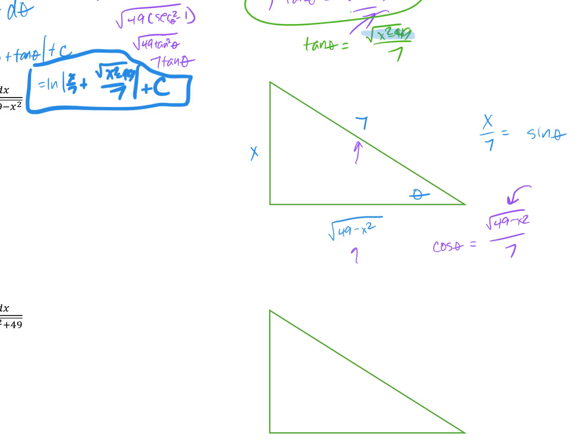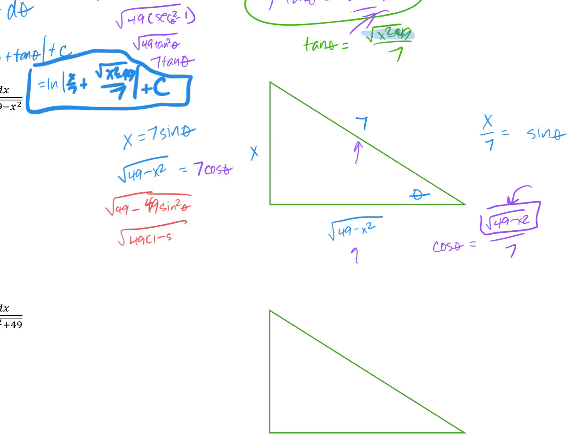If I wanted to get just the square root of 49 minus x squared by itself, I'd multiply by 7. If I want to solve that algebraically, I could do the square root of 49 minus 49 sine squared theta, which is 49 times 1 minus sine squared theta, which is the square root of 49 cosine squared theta, which is 7 cosine theta.